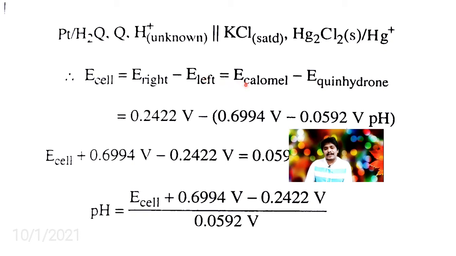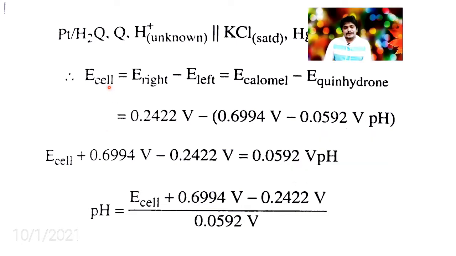So accordingly, E cell equals E calomel minus E quinhydron. The electrode potential value of the calomel, we are already well versed with, that is 0.2422 volt, minus the electrode potential of the quinhydron, which is nothing but 0.6994 volt minus 0.0592 volt pH.